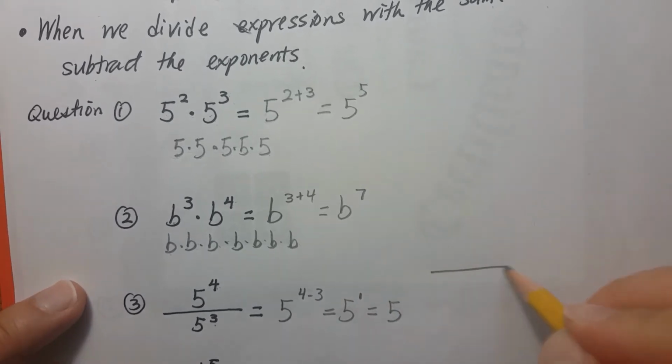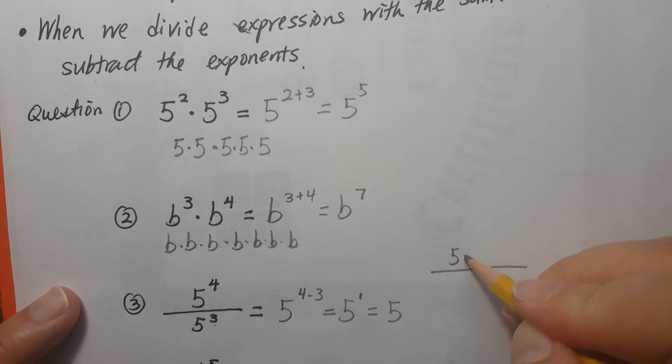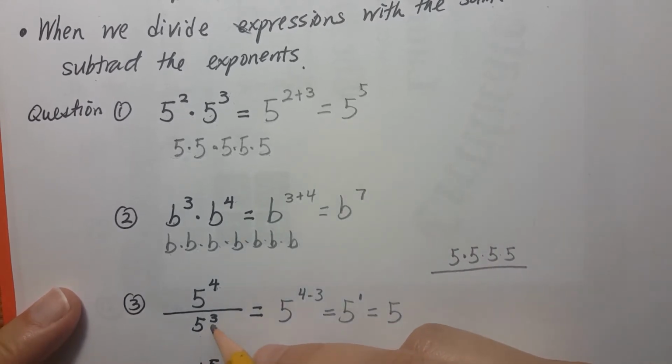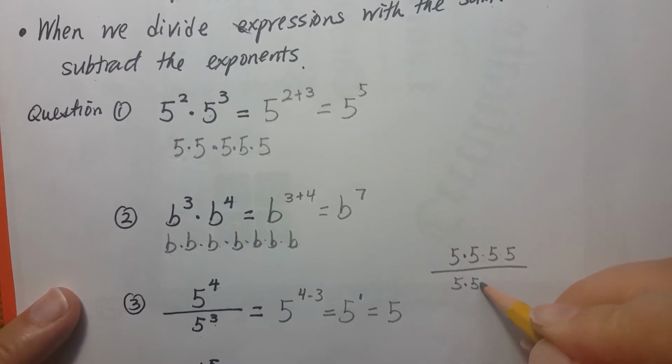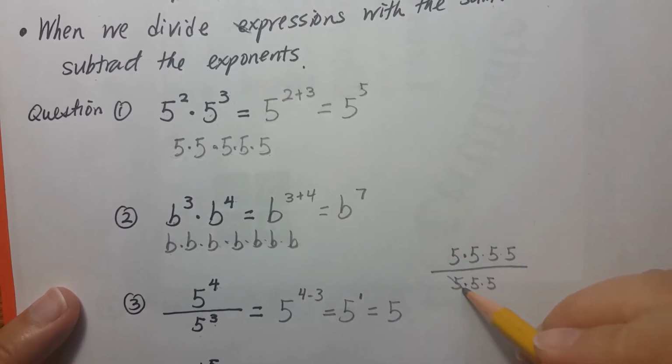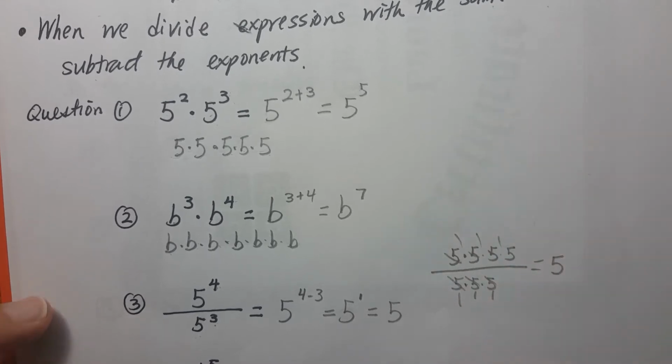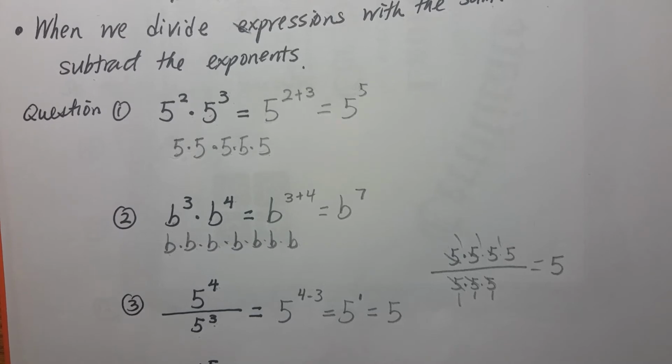The reason is 5 to the fourth power means 5 times 5 times 5 times 5, 4 of them. 5 to the third power, you get 1, 2, 3. And then you cancel, cancel, cancel. And you only have 1 left over. So the shortcut is you subtract exponents when you divide the same base.